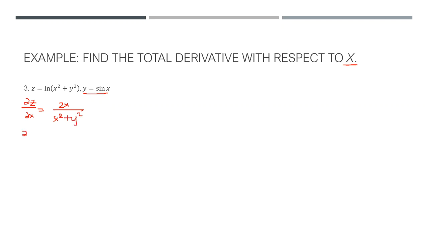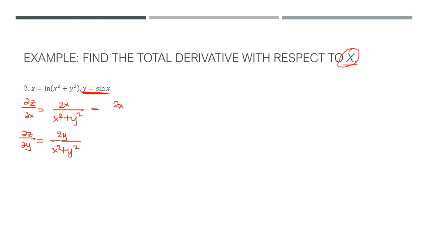Next is the partial derivative of z with respect to y. So the derivative of y squared here is 2y divided by the original value of our ln, which is x squared plus y squared. Now simplifying the equation, since we are finding the total derivative with respect to x, only y is given, so that it would be totally in terms of x.